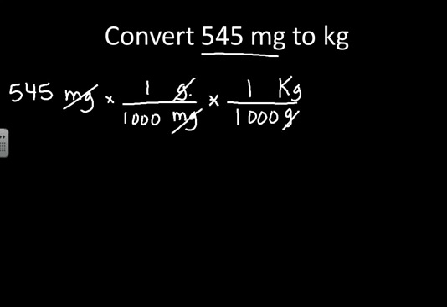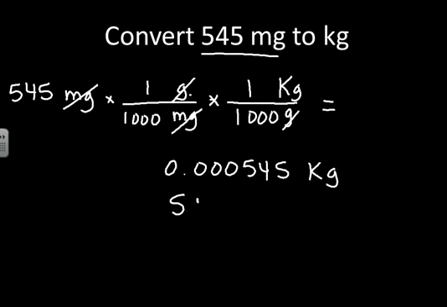Your math in your calculator becomes 545 divided by 1,000 divided by 1,000 again, and you will get 0.000545 kilograms, which is equal to, of course, 5.45 times 10 to the negative fourth. Same values, just different ways of expression.